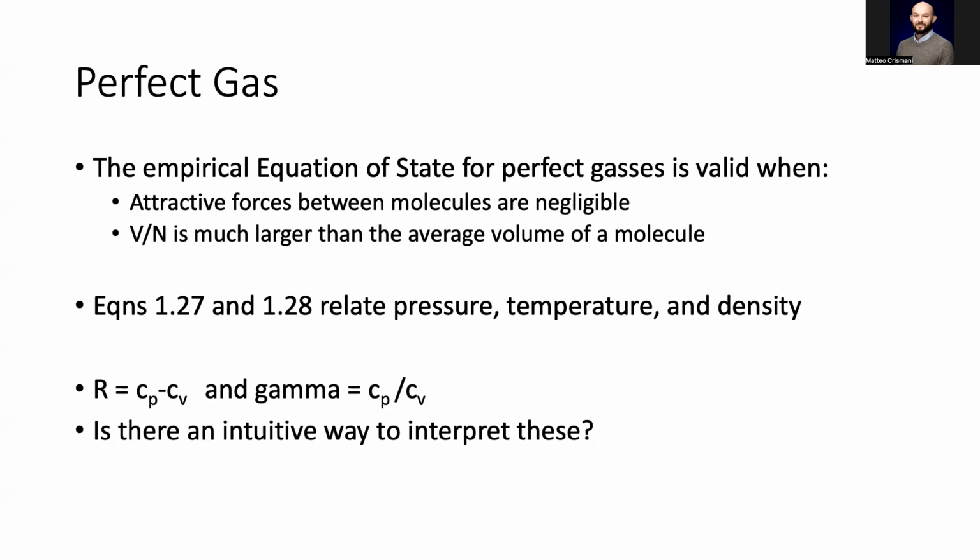Okay. Ever seen that before? Another way you can write that, of course, is that you might have seen it this way. P and rho to the minus gamma. That's the same.